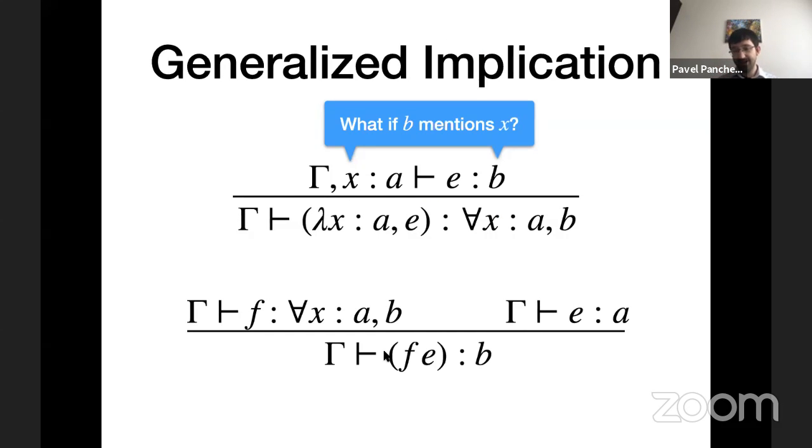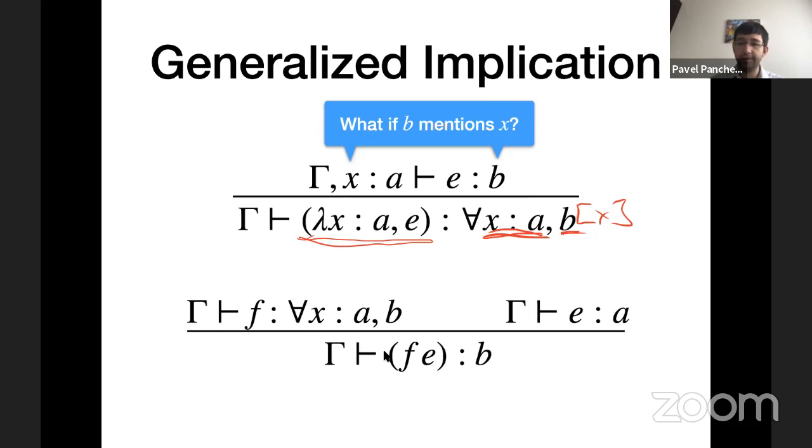But luckily, it turns out that confusion isn't really that harmful, because you can think of this form, where X is a variable of type A and B is some property that might be about X, as still being introduced by the same lambda term.